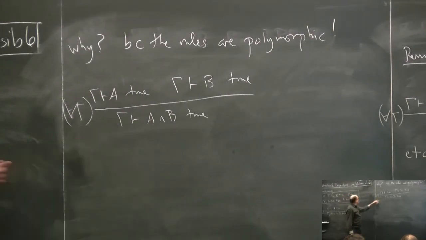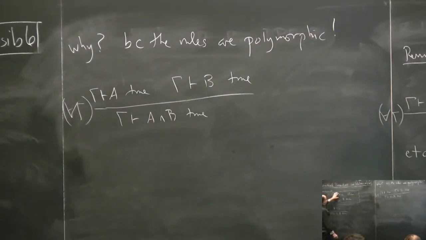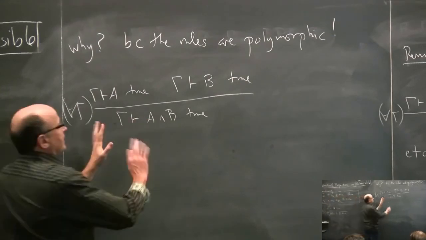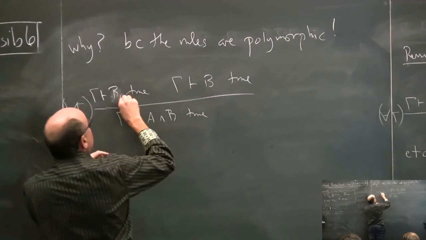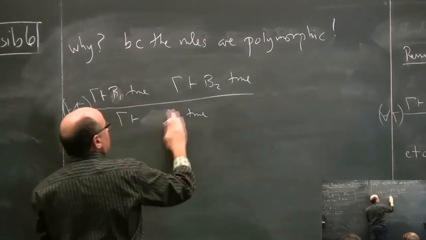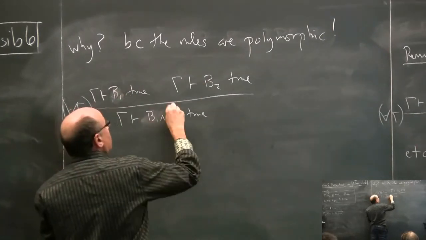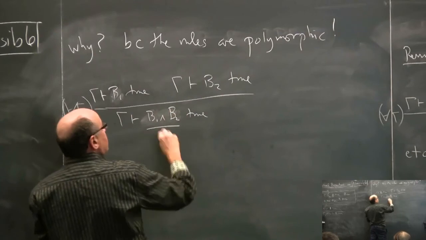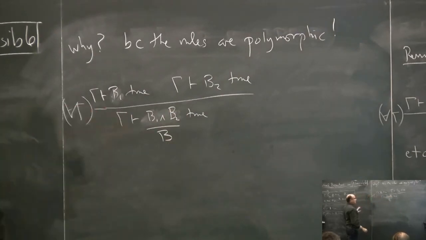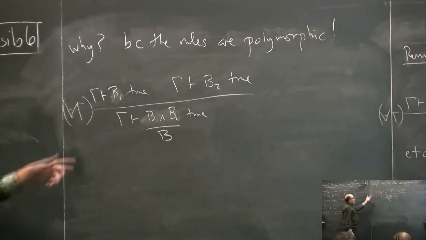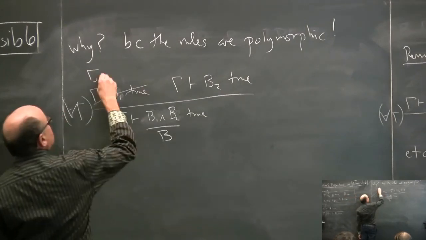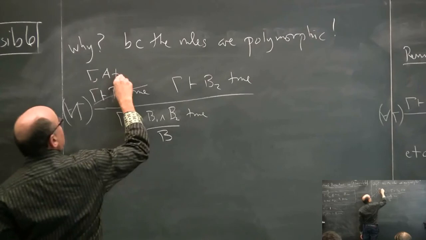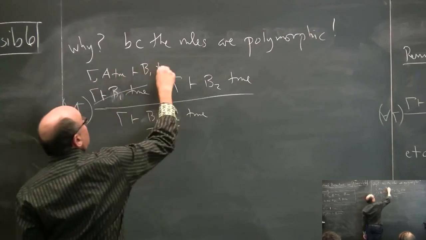So if I derived my conclusion, let me redo the lettering to make it look nicer. Let's call those B1 and B2, because that's my B, so that everything matches up nicely. Inductively, I get to weaken this to gamma, A true gives me B1 true.